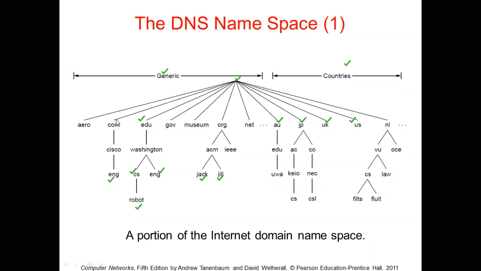Now, each domain is named by a path upward from the root. For example, suppose you want to refer to robot, which is under CS, under Washington, under edu. You have to go upwards in the tree. You start from the leaf and go up to the root. So how would that domain name be? robot.cs.washington.edu. From the leaf to the root, upwards you have to go. Okay, I hope I'm clear.